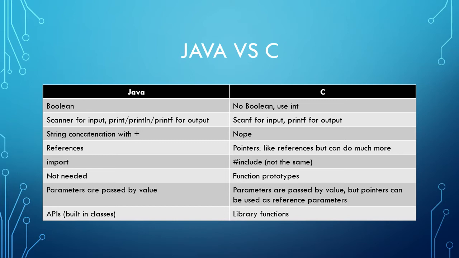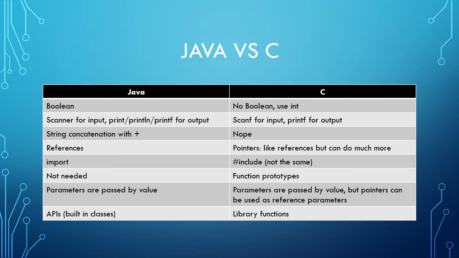And that's the purpose of function prototypes. And the include statement is used to help us get the function prototypes that we need. Both Java and C use call by value, so that's the same, but the pointers in C can be used to create call by reference.